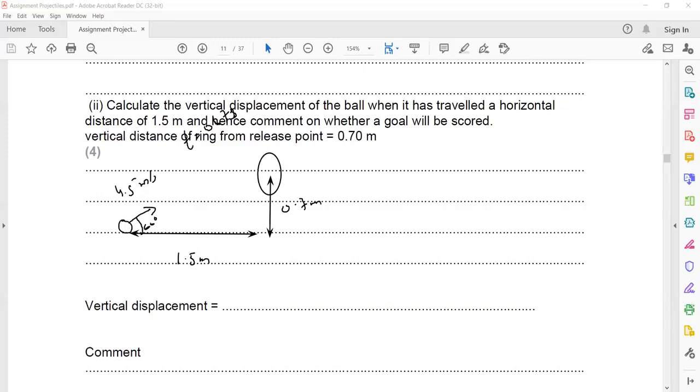And to get the height, we need the vertical component. So this will be equal to 4.5 sine 60, the vertical component.